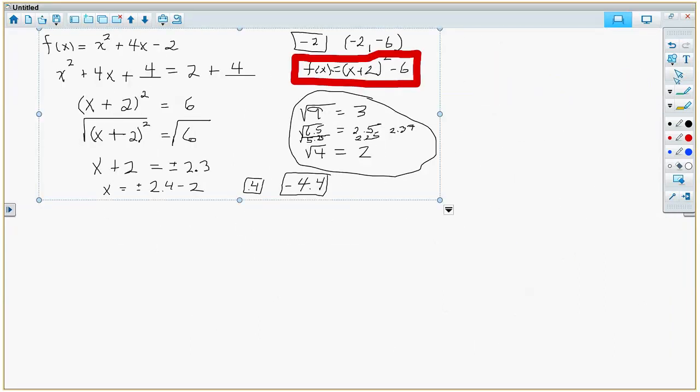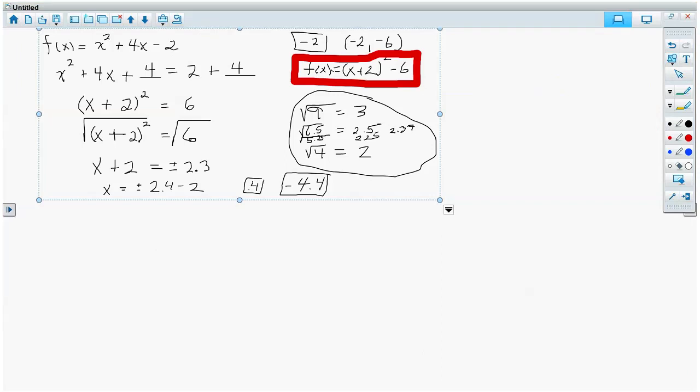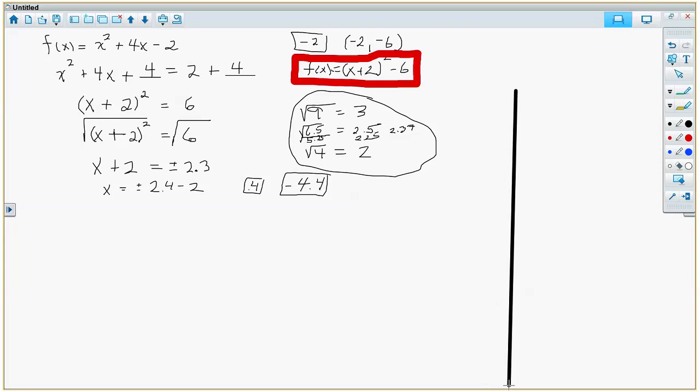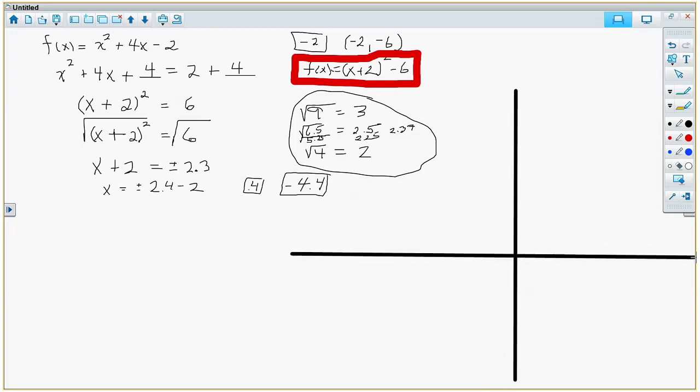Take your handy dandy straight edge, virtual straight edge maker. And take my handy dandy red marker. And my left is negative 0.4. And my right, wrong side.